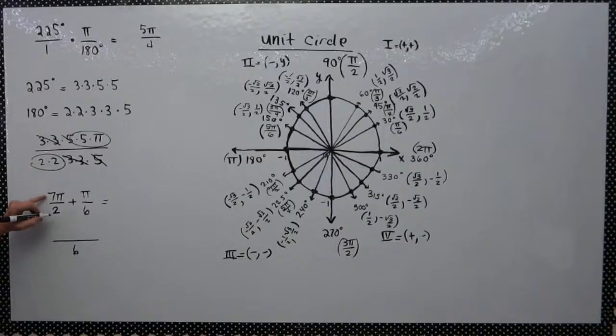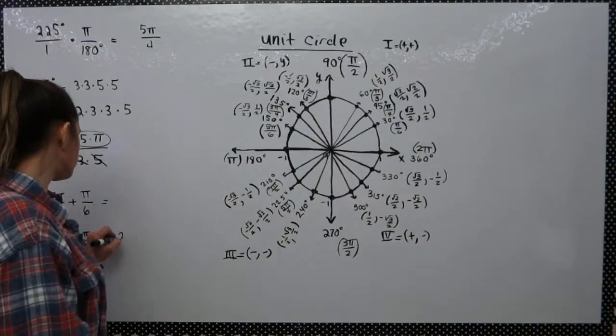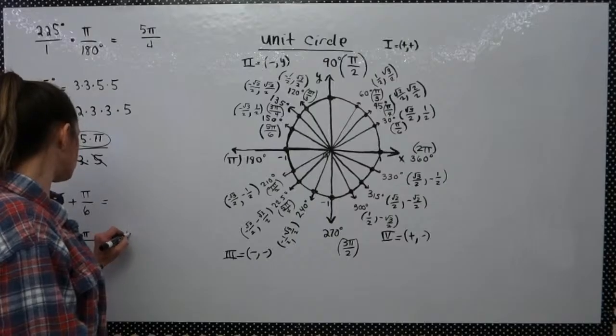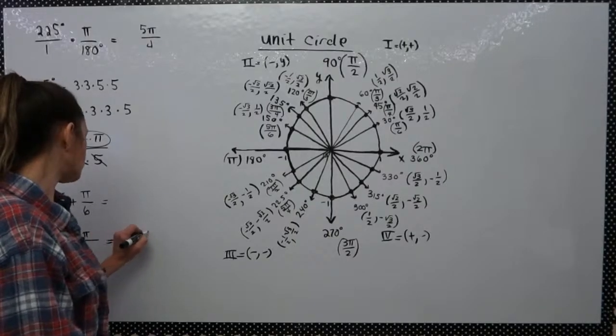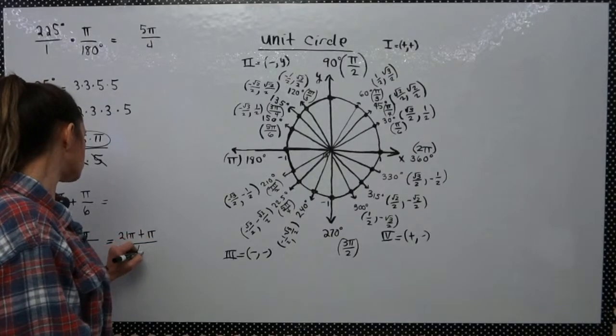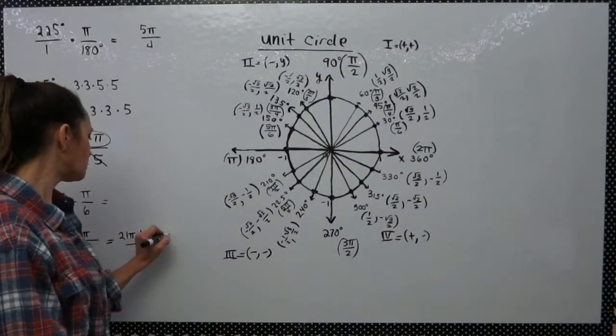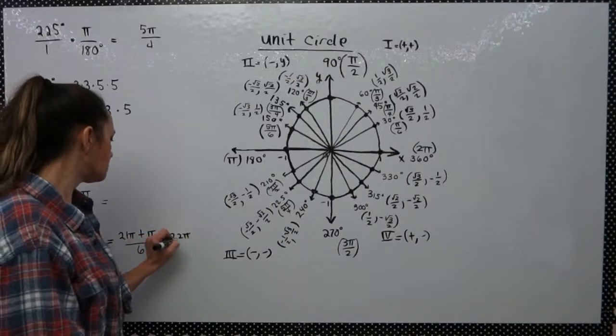So I'm going to multiply 7 times 3 times pi. And I'm going to add that. This is already a 6, so this just becomes pi. So 7 times 3 is 21. So 21 pi plus pi over 6 is going to give me 22 pi over 6.